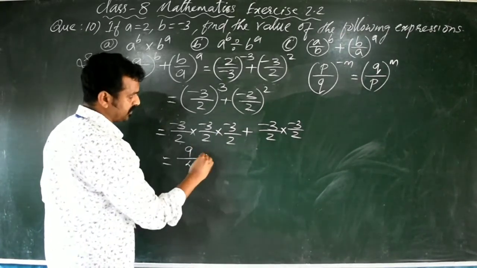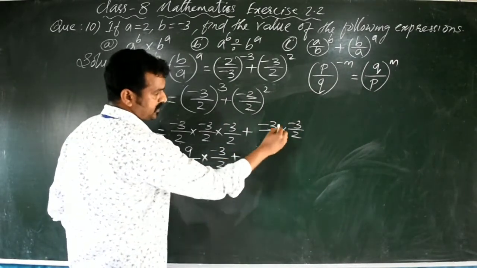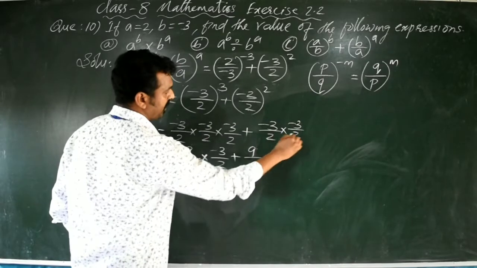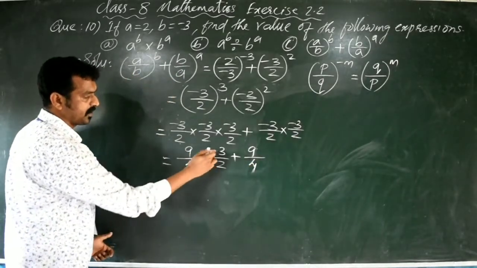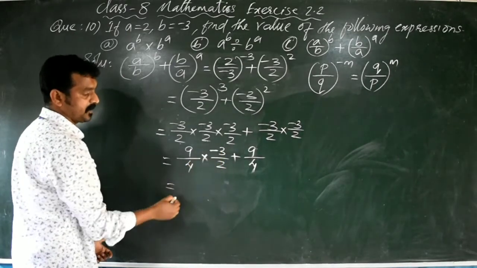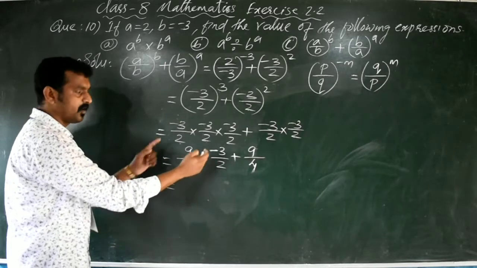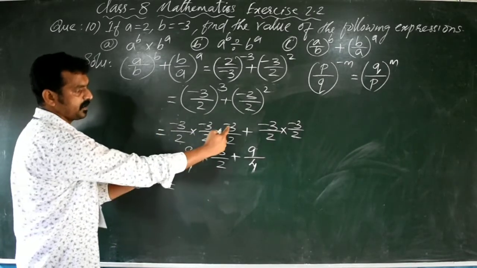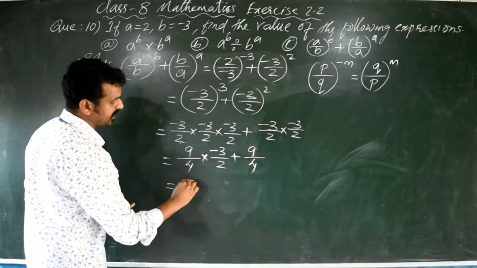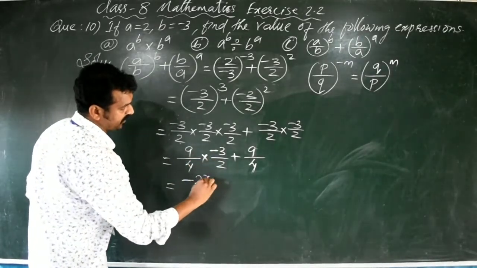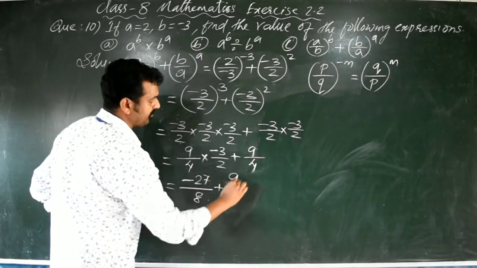Again this one we have to multiply: plus into minus is minus, 9 3s are 27 divided by 4 2s are 8, plus 9 by 4.